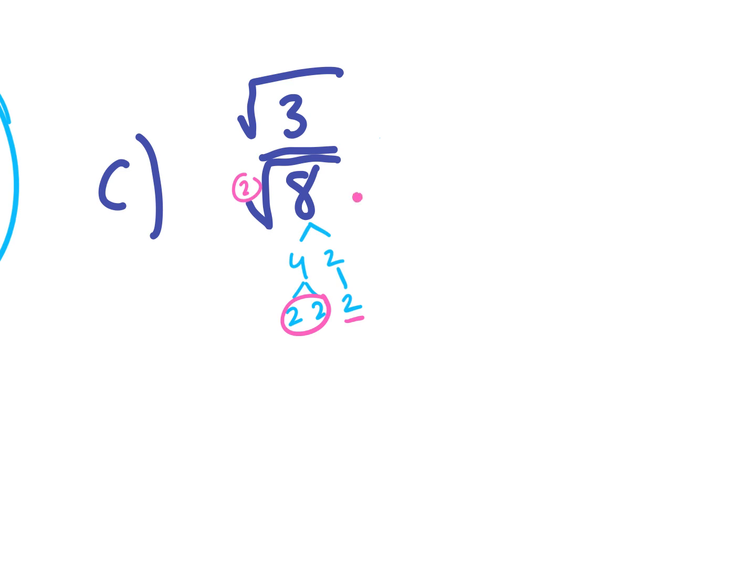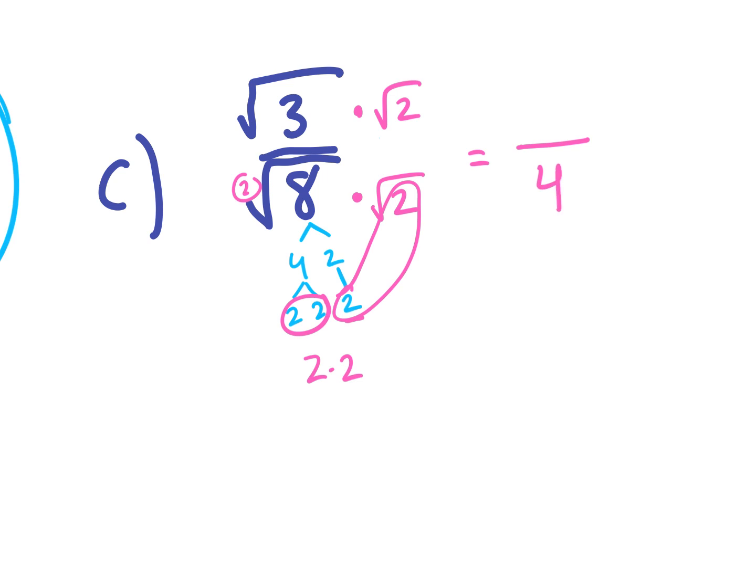Just 1, because that 1, 2 needs its pair. So I'm going to multiply by the square root of 2 to the top and the bottom. So now, what's going to come out on the denominator? 2 times 2, which would be 4, because we had 2 circles of 2, so 2 2's come out. And then what would our numerator be? Square root 6, perfect, because we can multiply the 2 numbers together.